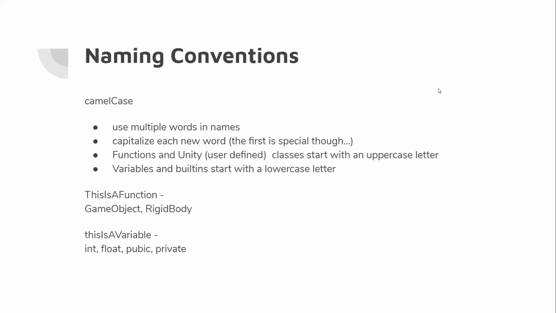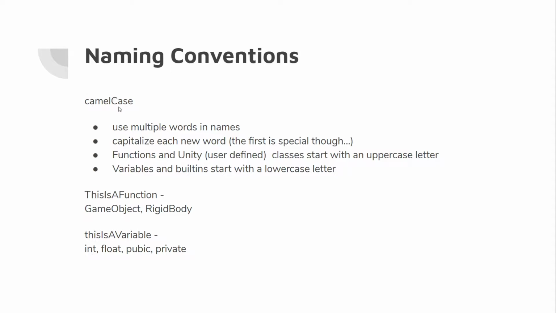Naming conventions. You do have lots of options when it comes to naming conventions. This is sort of what I expect to see in the class and in your code. As you get into other things and beyond this, you may feel free to then ignore them. But for now, to make it easier for us to all understand one another, I'm going to ask that you use what's called camel case or Pascal case.